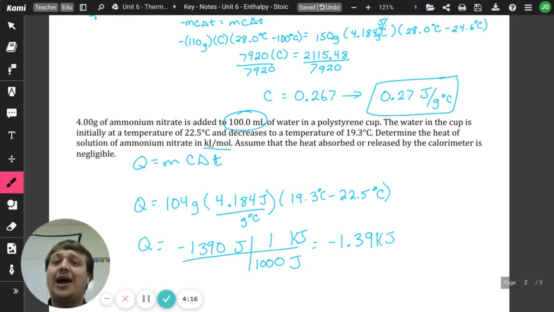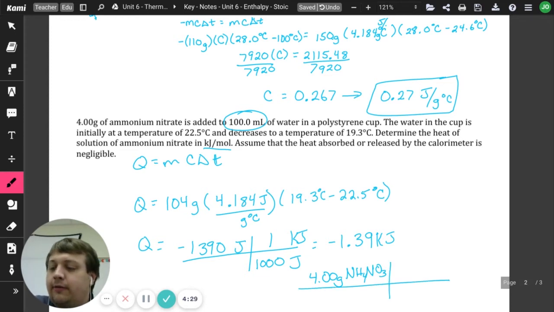So now I need to figure out how many moles of the ammonium nitrate I have. I have 4.0 grams of ammonium nitrate. I'm going to convert from grams of ammonium nitrate into moles of ammonium nitrate. For every 1 mole, I find the molar mass, which is 80.06.